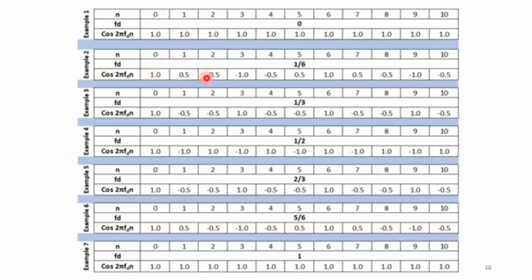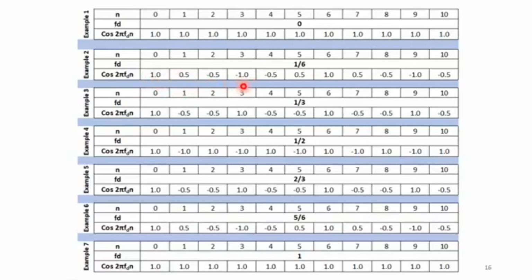Now in the second example, we have 1 over 6 FD. The values are 1, 0.5, minus 0.5, minus 1. So 1 is the maximum value which can happen in a cosine, and minus 1 is the minimum value which can happen in a cosine.